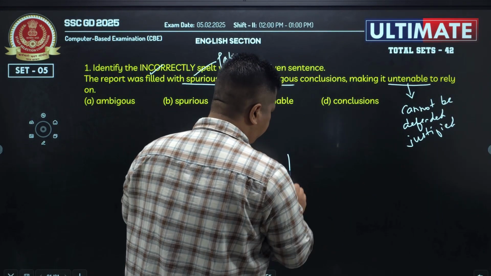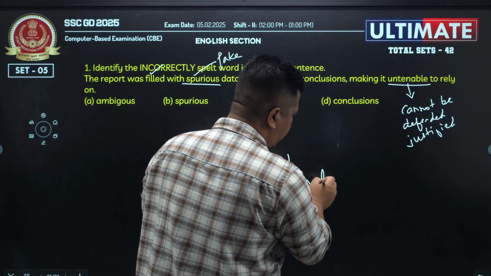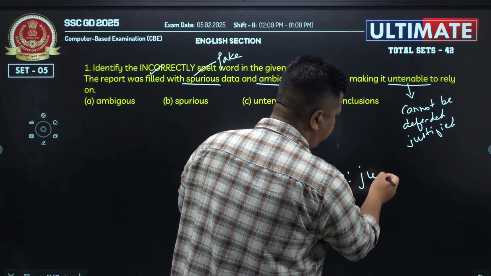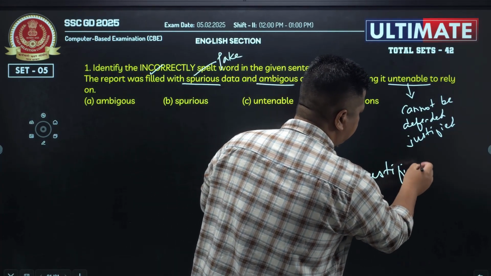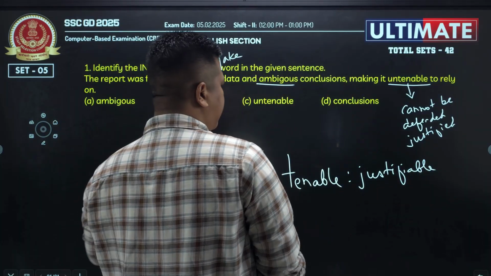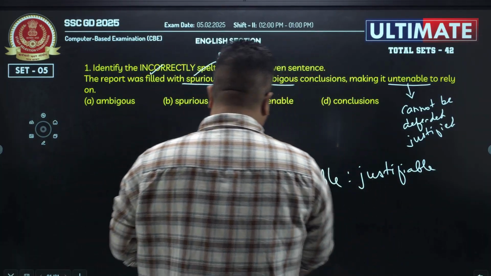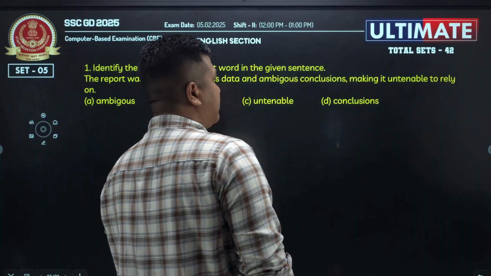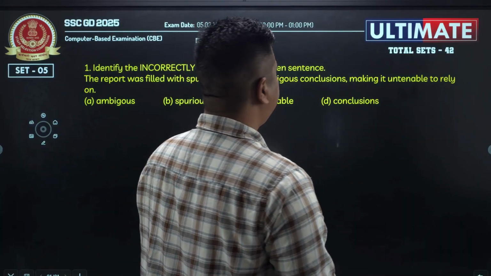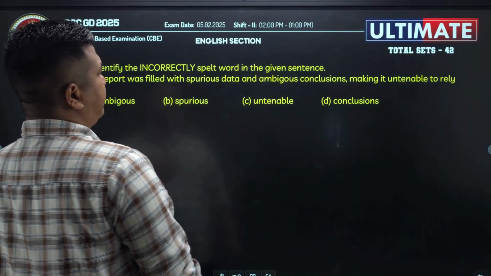So if you look at the word tenable, it means justifiable. So something that can be justified. So untenable means unjustifiable, not to be relied on.